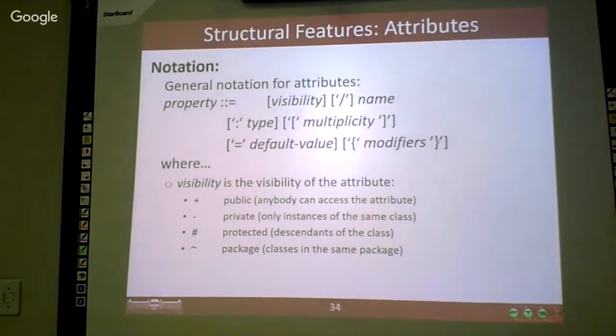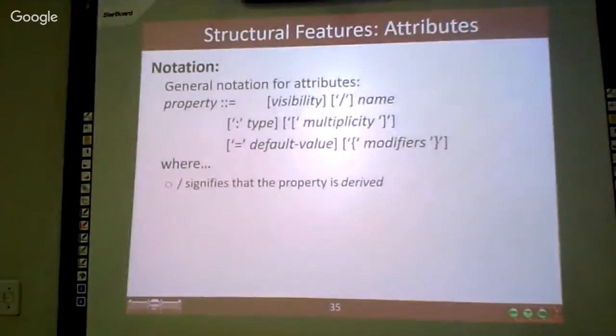It can be protected, which means descendants of the class can access it. And it can have package visibility. This means that classes in the same package will be able to access this attribute. And we just use these signs to depict these visibility properties.